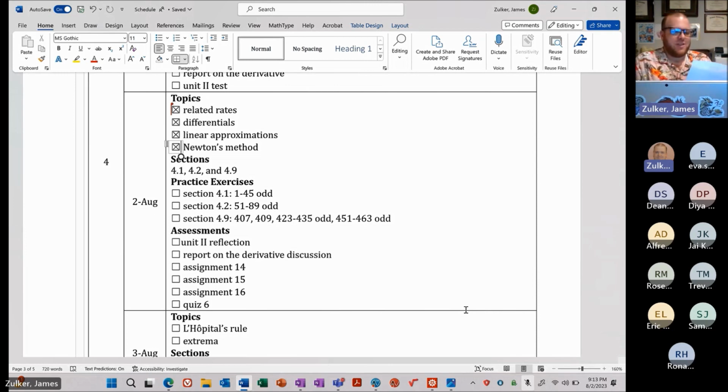And then we're also looking at extrema. More specifically, our focus is going to be on finding absolute extrema on closed intervals. And so that is the goal for tomorrow night.